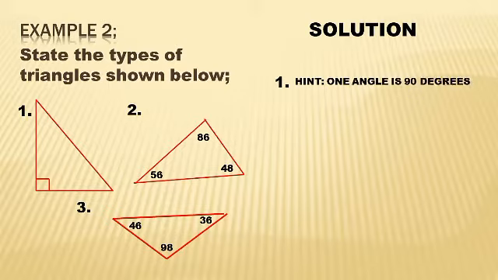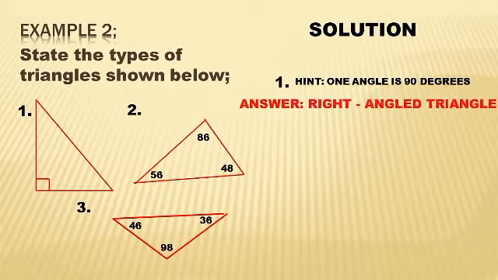And remember, the type of angle that has 90 degrees is a right angle. This means the answer to number 1 is right-angled triangle.